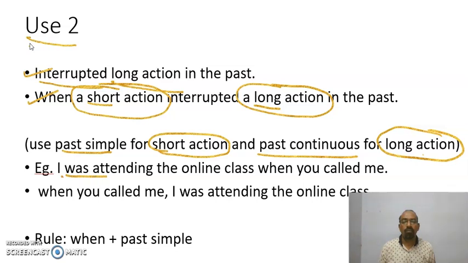Yes, I was attending the online class. That is the long action. And which is the short action? Called me. When you called me. This is the short action. This calling is only for a short time. But this attending the online class is a long action.